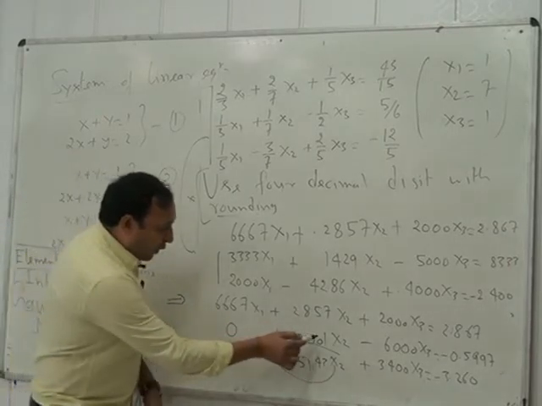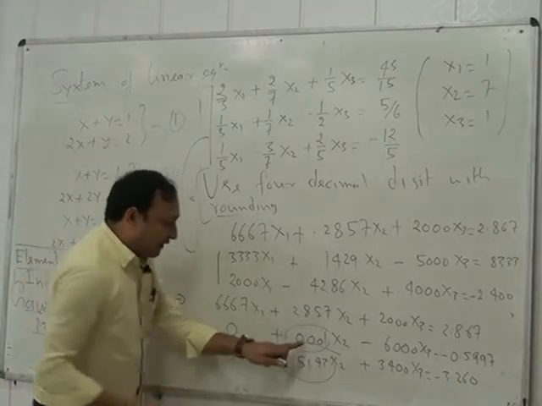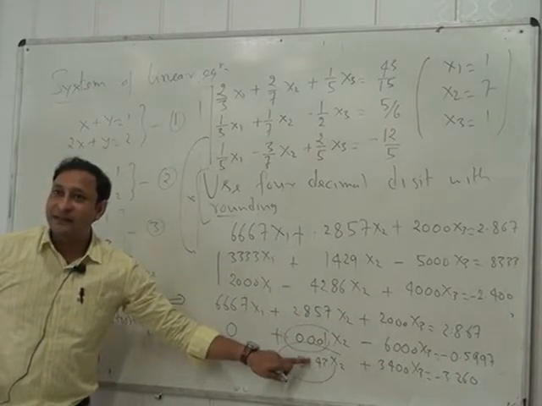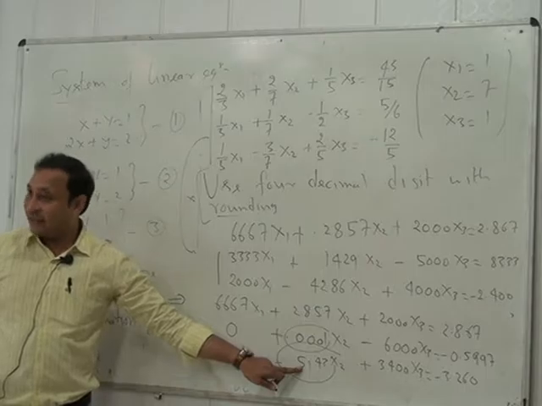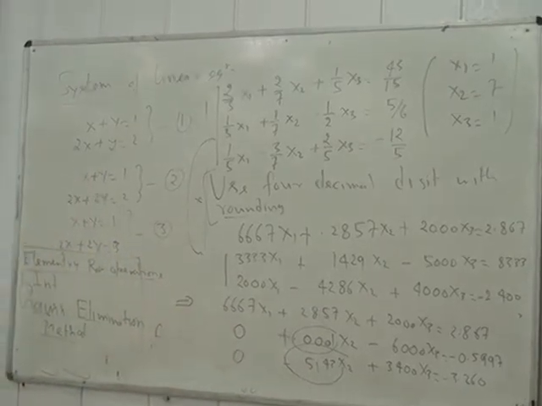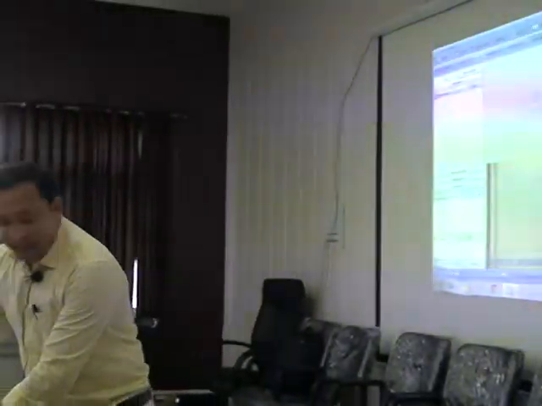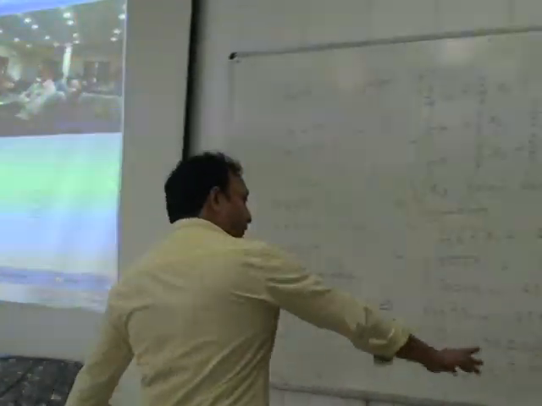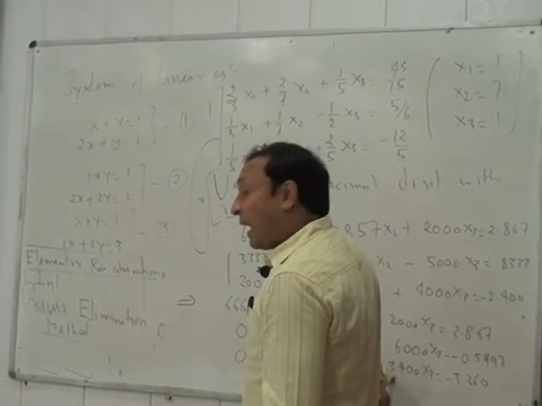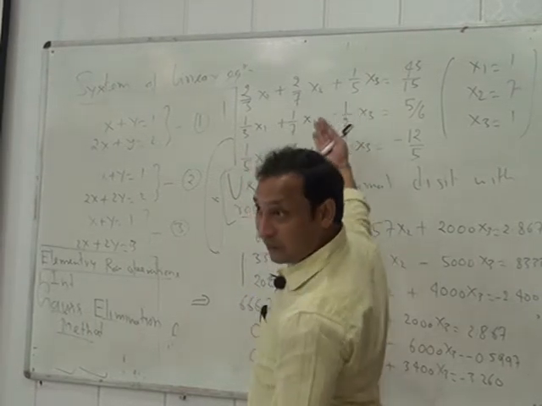First you will make it 1. You will divide by 0.001 this full row, and then subtract constant multiple of this by this, and you make it 0. After making this 0, what is left? Only this term, correct? That means I am transforming this to an upper triangular form, correct?